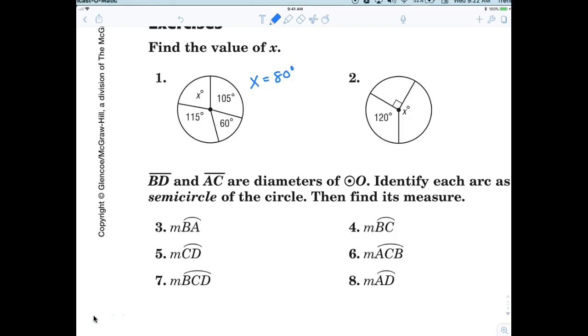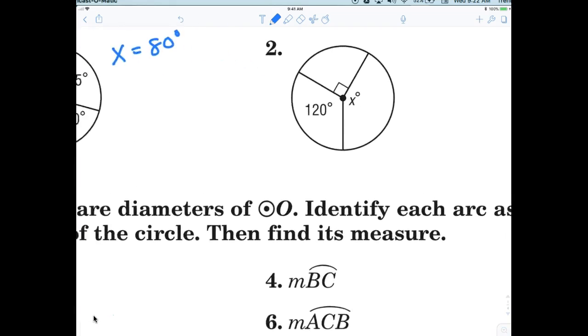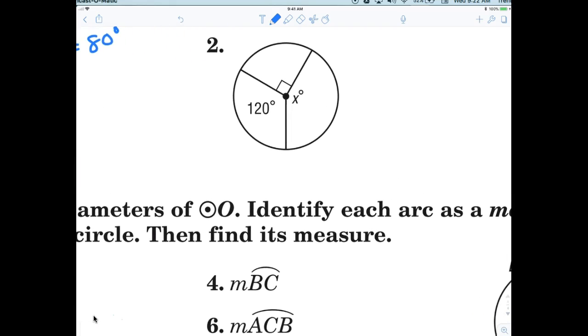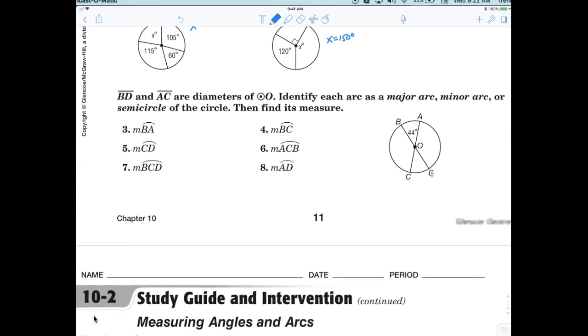Part of the problem, I feel, is that when I say it's easy, some of you start to daydream and not do the problems, and then it causes a problem. Just work the problems with me. So number 2, x would be 150 degrees. Any objections?